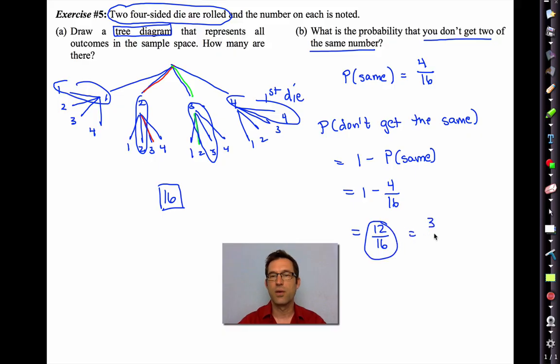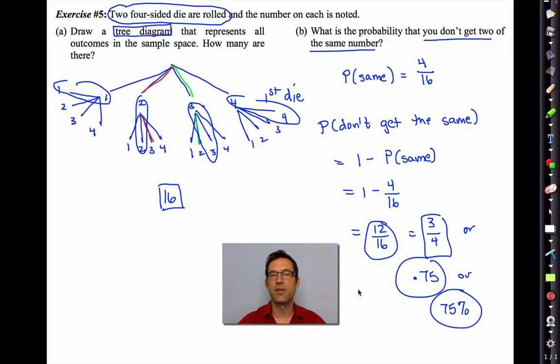That's also equal to 3/4, or 0.75, or 75%. Lots of different ways to leave that answer. All right, so a little more practice with tree diagrams, a little more practice with the idea of complements and sets. Pause the video now and write down anything you need to.